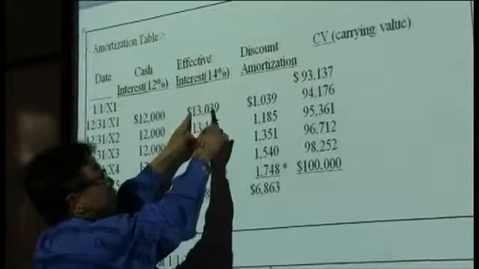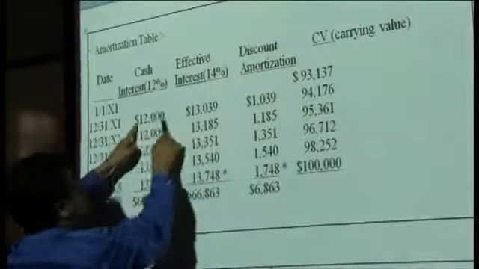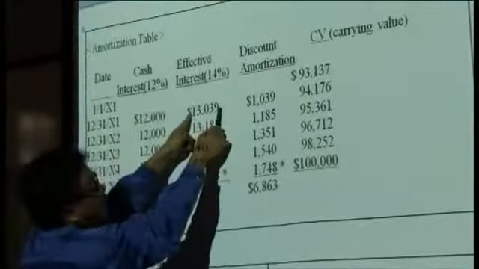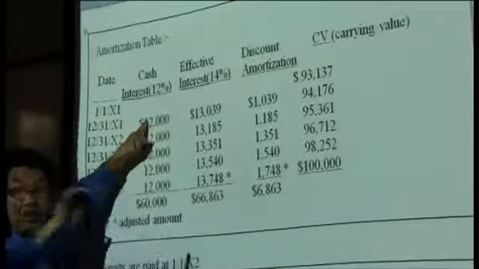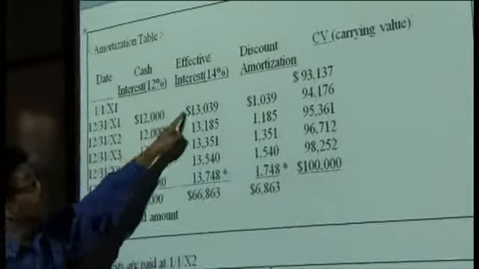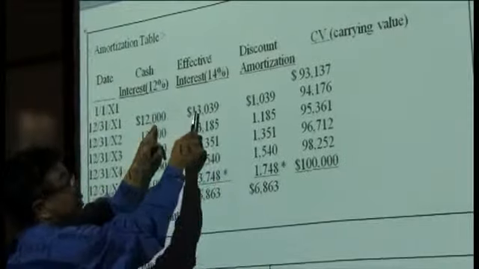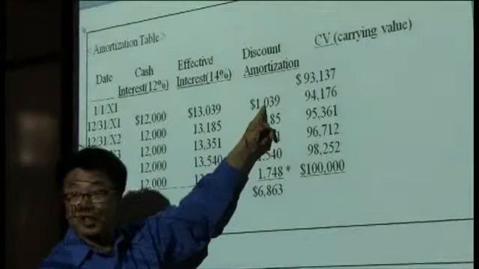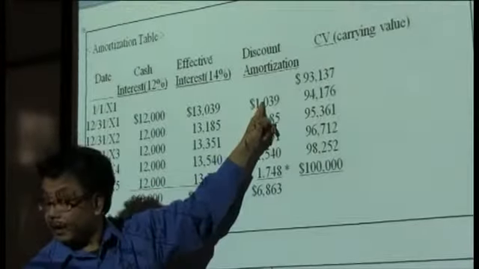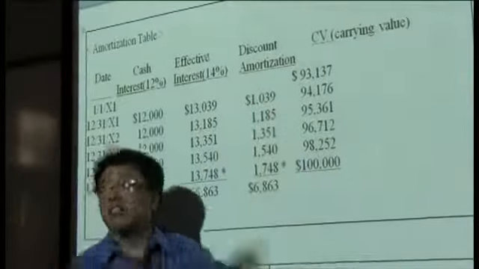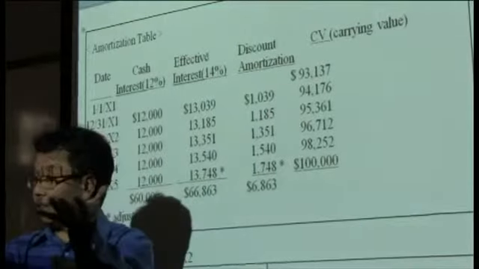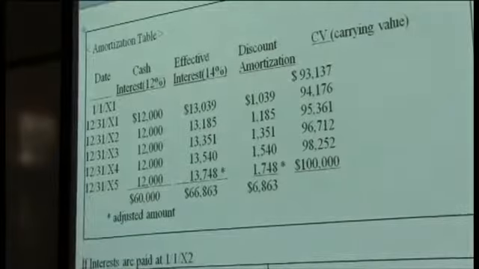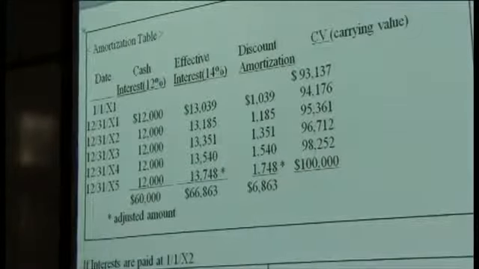Normally this would be added to it, but we already paid 12,000 out of 13,000, right? So the difference between these two numbers, 1,039, we didn't pay, so we have to add it on. It's the same thing as this, though a little different.